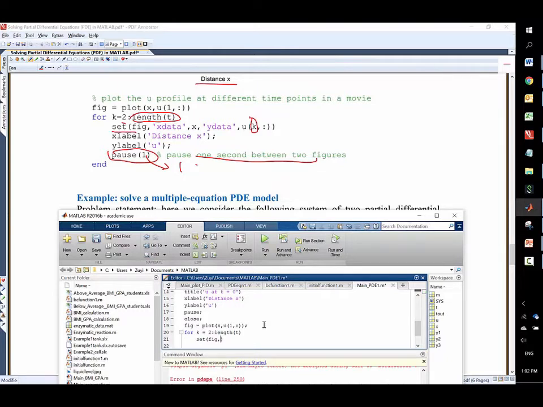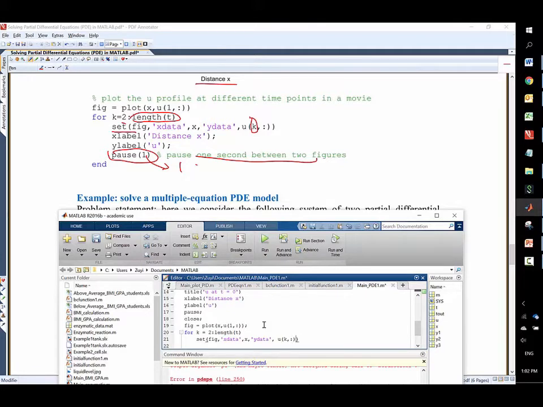Then you can set figure. So we're going to change the x label and y label, x data, right? x data we change to x, we change y data to, right, UK, K means the case as sampling point, right, time point.